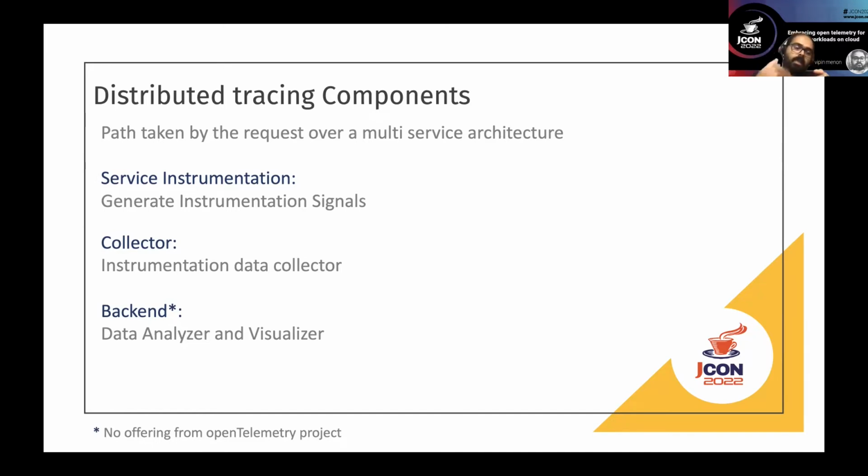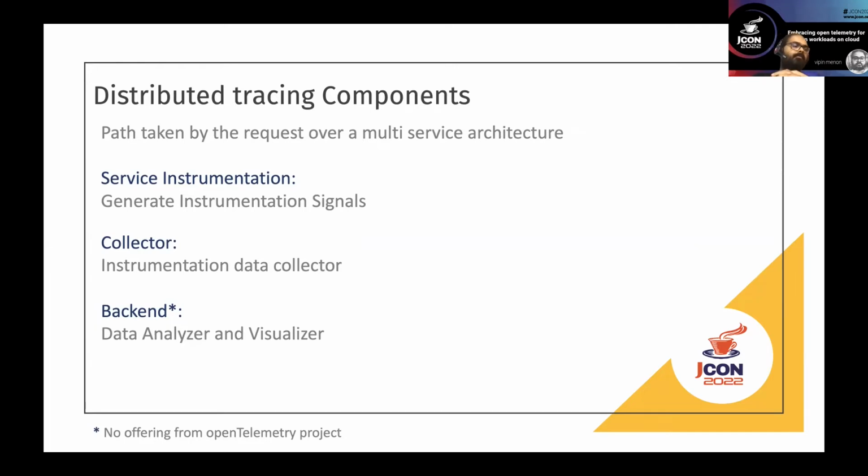Then the third activity for the collector would be to export this data onto a backend tool. The backend is something which OpenTelemetry doesn't provide. OpenTelemetry provides you only the instrumentation APIs and SDKs, and of course it provides a collector as well.